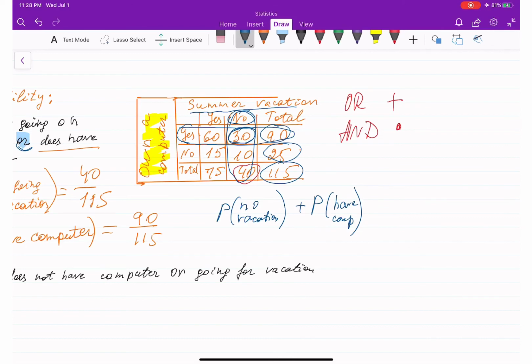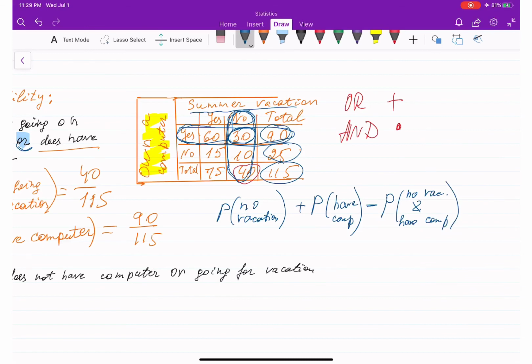This 30 we count when people are not going on vacation, and 30 we count when we say yes, people have a computer. So it's repeating twice. So now we need to subtract people who are not going on vacation and have a computer, because it's 30 people.